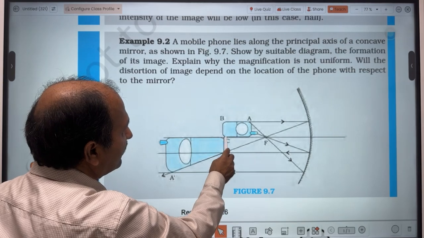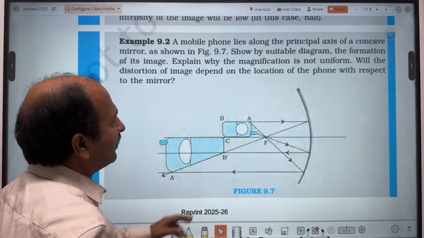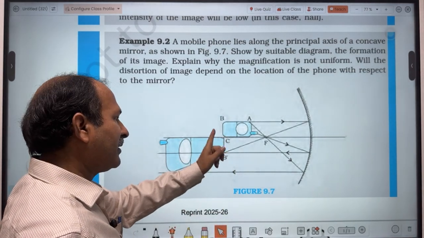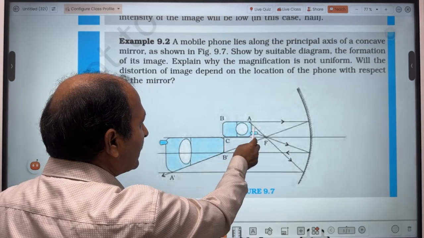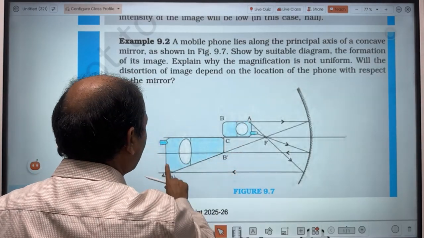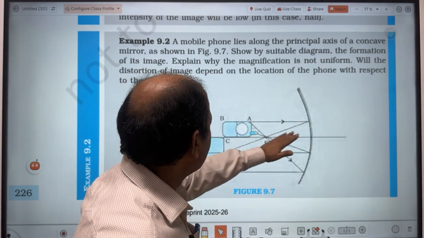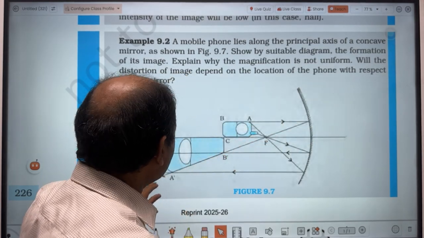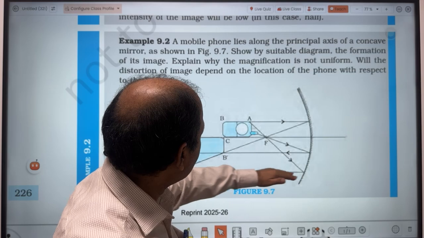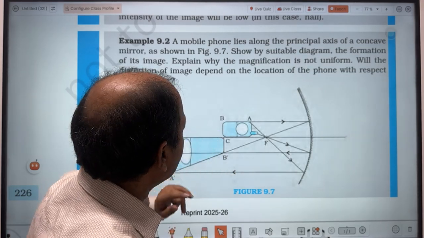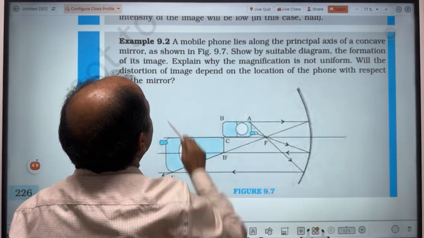Then for V, this portion will remain intact because it is at C. An object placed at C will form its image at the same point. But the image of this point will be formed over here. So that thing is drawn here, a straight line. One ray is passing through the focus like this, and another goes like this and becomes parallel to the principal axis. So this is how the image is justified.